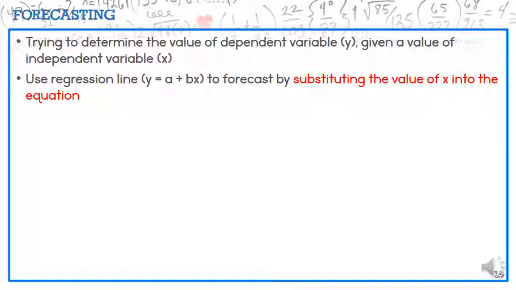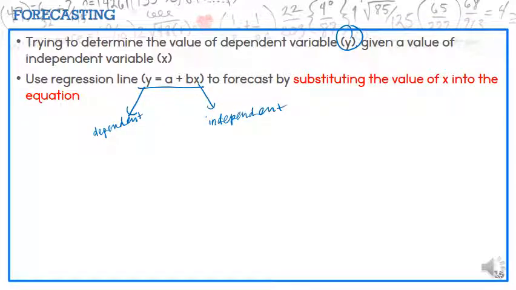So if the question asks you to forecast, trying to determine the value of dependent variable y given a value of independent x, we are going to forecast dependent variable y by using the value of x given, using your regression line y = a + bx, where y is your dependent variable and x is your independent variable.